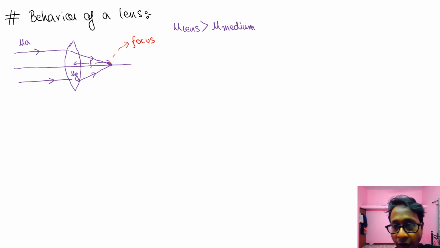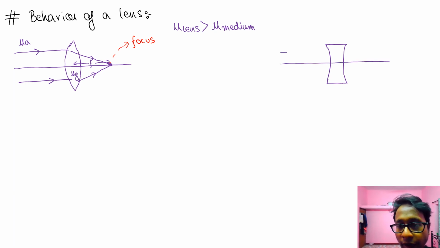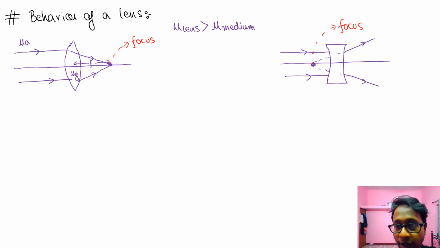Similarly for a concave lens, parallel rays of light diverge after refraction and appear to meet behind the lens at the focal point. So this out here is nothing but the focus, while this is nothing but the focal length.